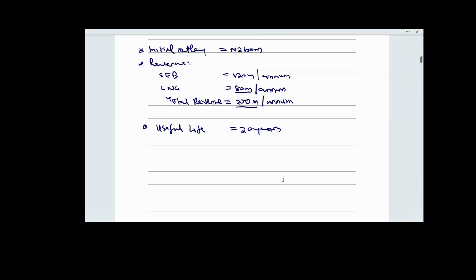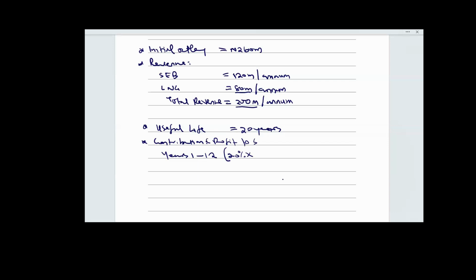So you can say contribution. For years 1 to 12 equal to 20% multiplied by the revenue.